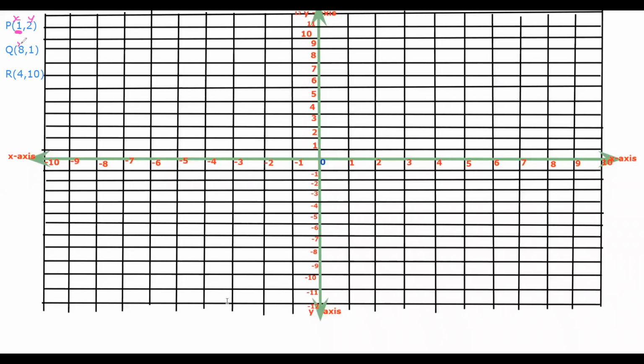So here is the X and the Y here. Okay, and here is the X and the Y. Always the first number belongs to the X and the second number belongs to the Y. And all the X coordinates can be found on the X axis and the Y coordinates can also be traced on the Y axis.